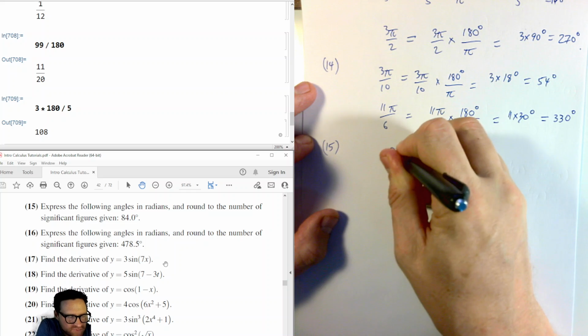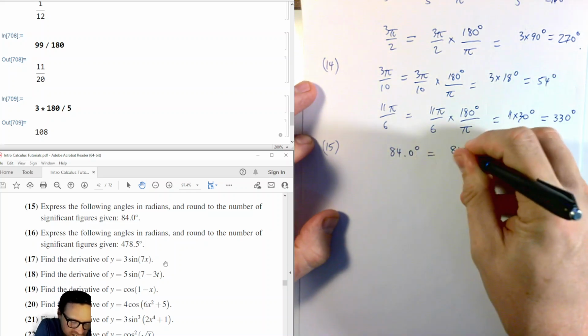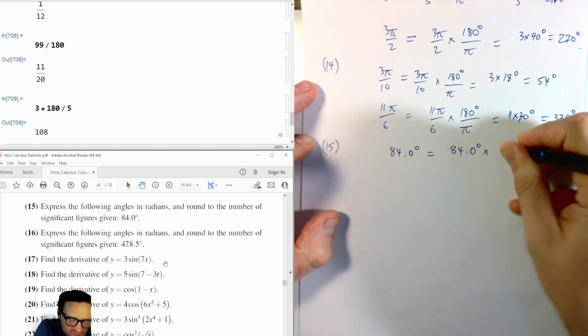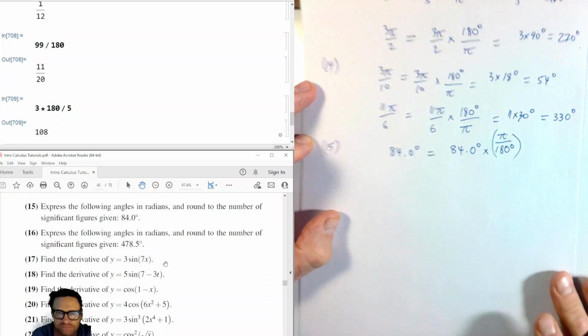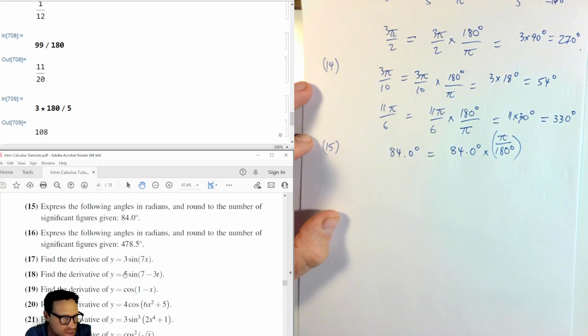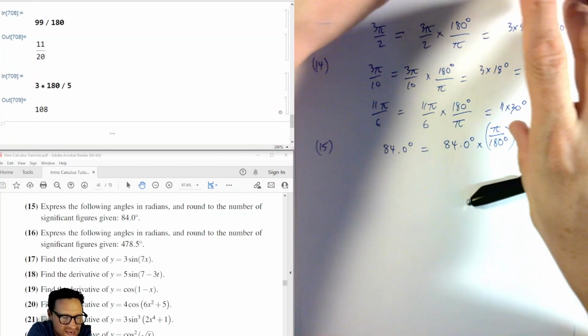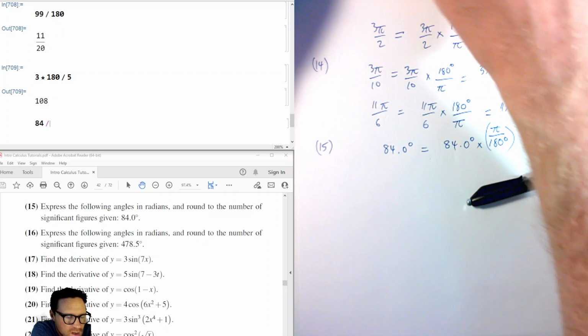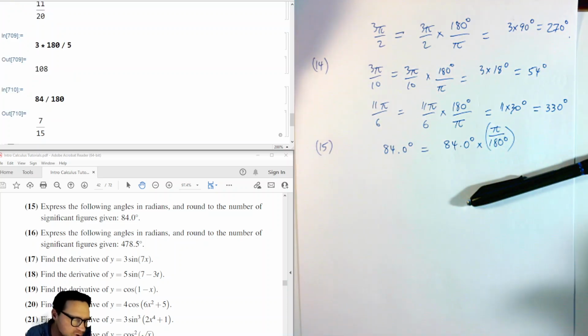So 84.0 degrees is equal to 84.0 degrees multiplied by π on 180 degrees. We have some units to cancel. What is 84 over 180? Well, it's 7 over 15.